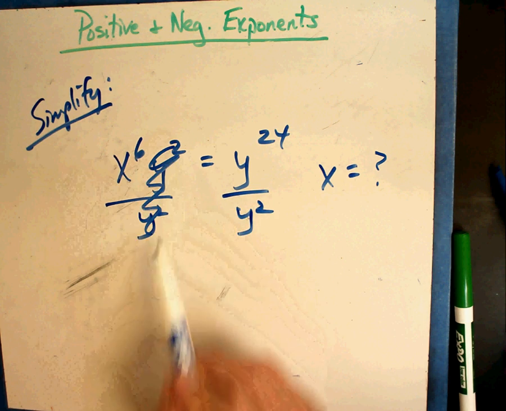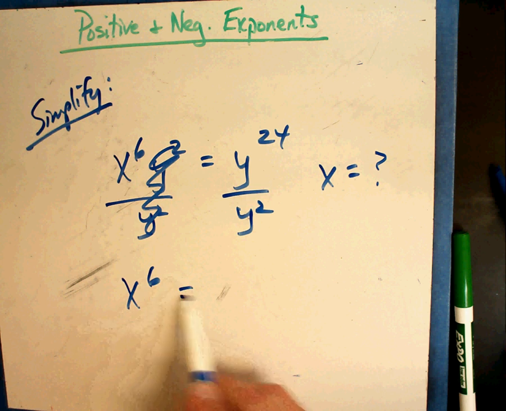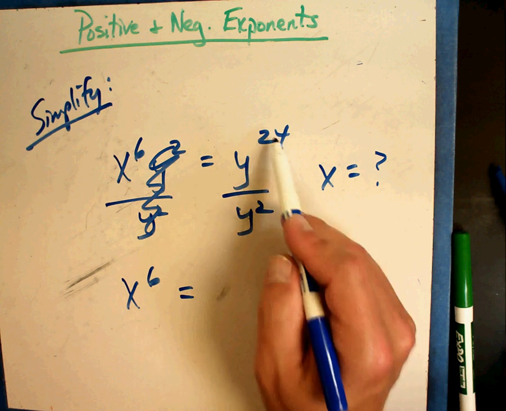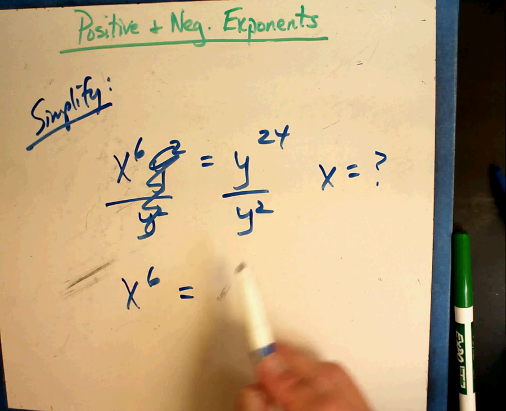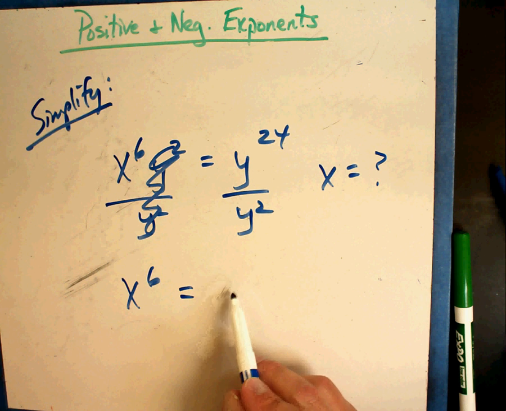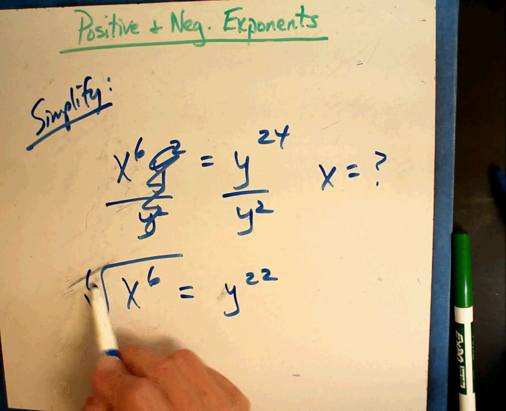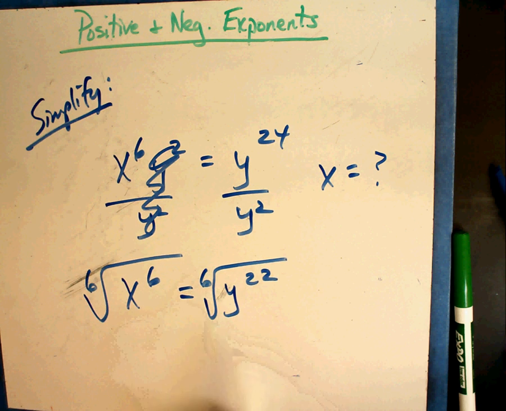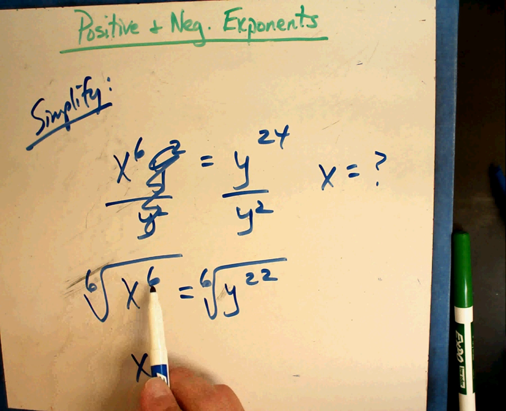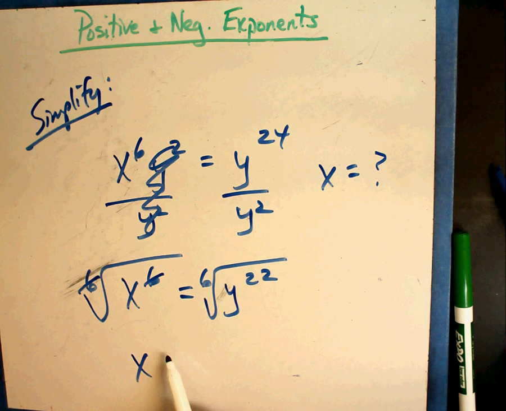It's gone on that side. X to the sixth is, let's see, if I divide, I subtract, right? And so that becomes y to the 22nd. To do that, I'm going to take the sixth root of that, so that becomes x. So the sixth root knocks out the power of 6.